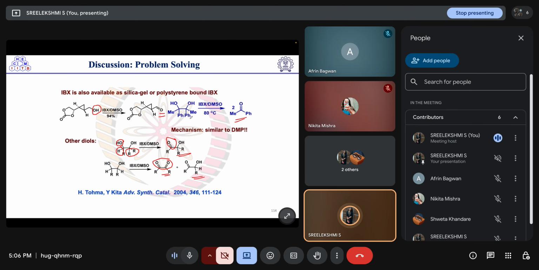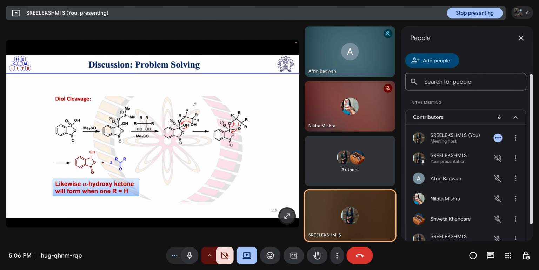Here we see this diol is getting cleaved, so oxidation is happening, and carbon-carbon bond cleavage is also happening under this condition for this type of diol. The mechanism goes like this. Firstly, dimethyl sulfoxide, the solvent we are using, will form an intermediate of this kind with the iodoxybenzoic acid.